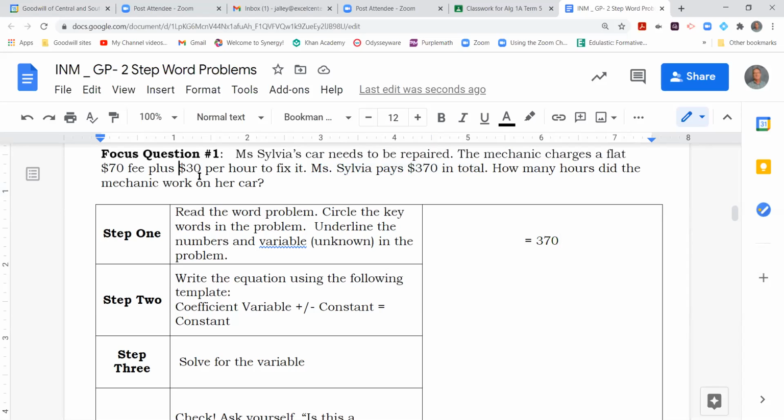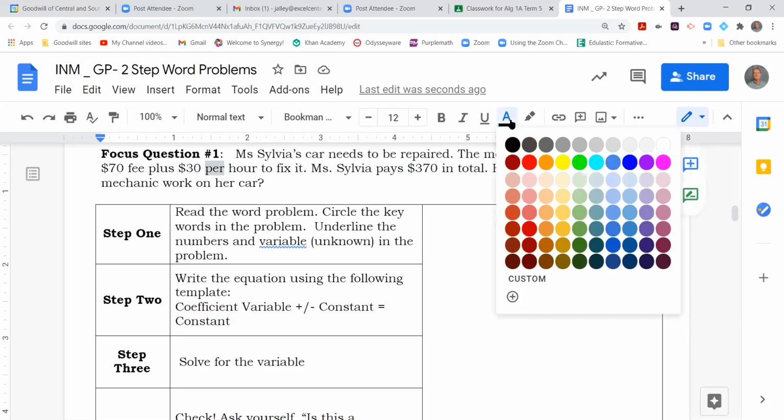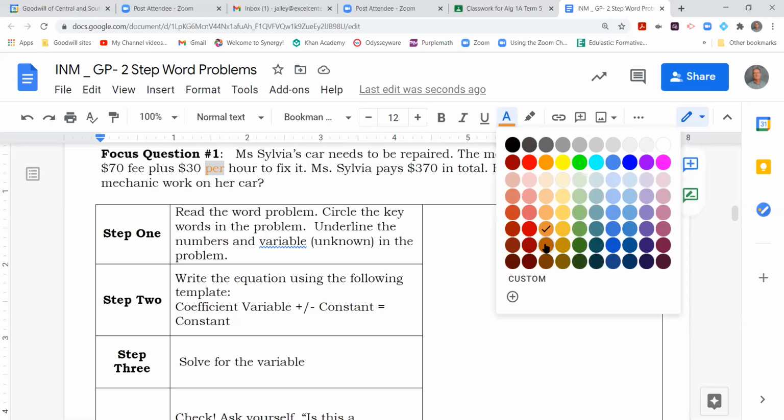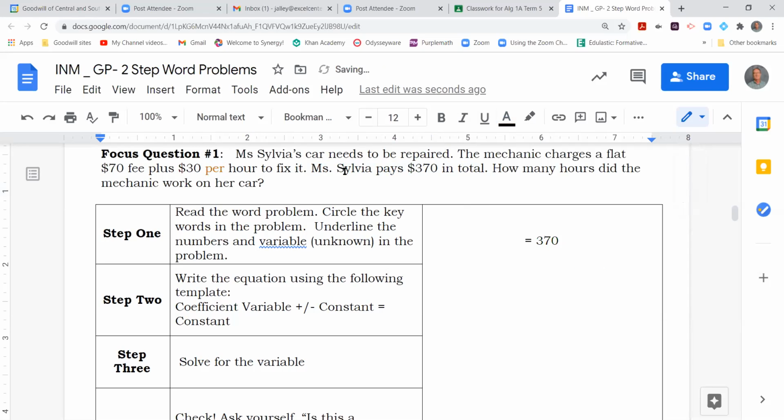$30 per hour. Here is another key word. This is probably what drives people crazy about English, because per could also mean each or every, like per hour, 65 miles per hour, $30 per hour.